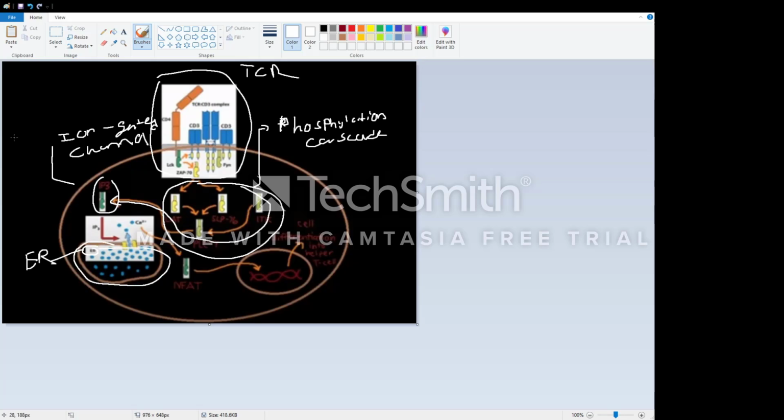IP3 binds to the ion-gated channel, which then produces the ion right here, and you can barely see it, but it's calcium. What is this word? It's calcium 2 plus.